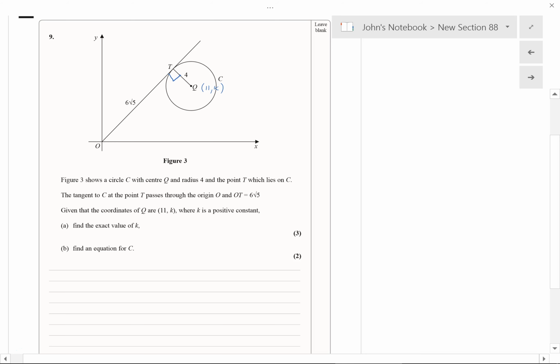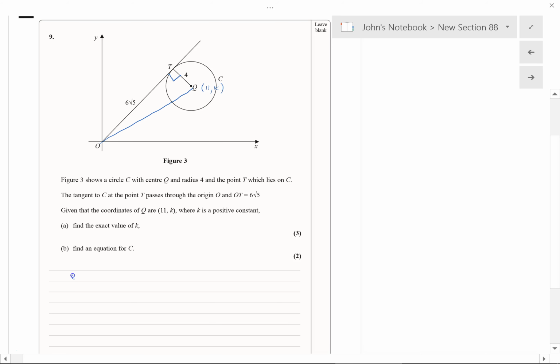Okay, so we can see in our triangle, we can work out the length of this here using Pythagoras' theorem. Once we've got the length of OQ, we can then work out the coordinate k.